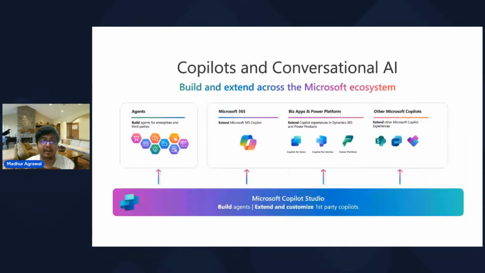We have agents that are provided by Copilot Studio, which can be extended to Microsoft 365, apps of Power Platform, and other Microsoft Copilots. So Copilot Studio is a suite for all the Copilots and conversational AI systems provided in the Microsoft ecosystem. You can access it by visiting Copilot Studio.